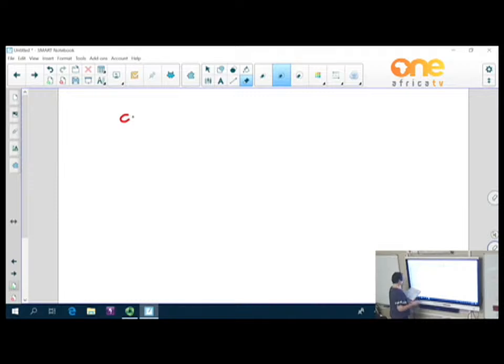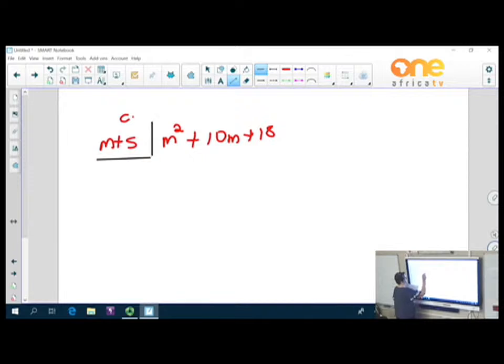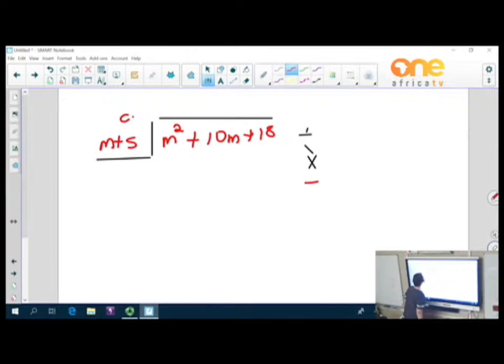Number C, m squared plus 10m plus 18, and this is then m plus 5. So that's what we're going to divide. Divide, multiply, subtract.